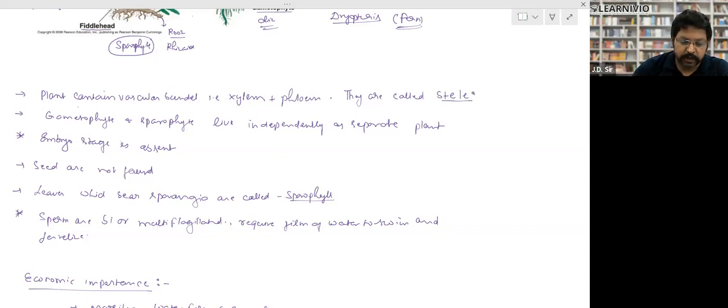It's called stele. And in xylem and phloem, there are some cells which are missing over here.